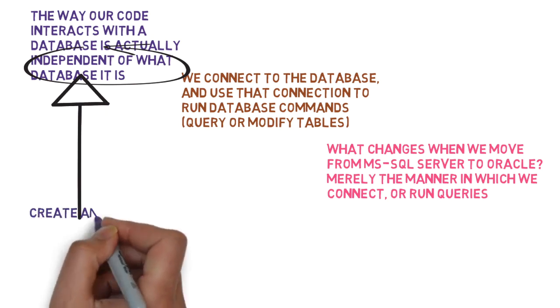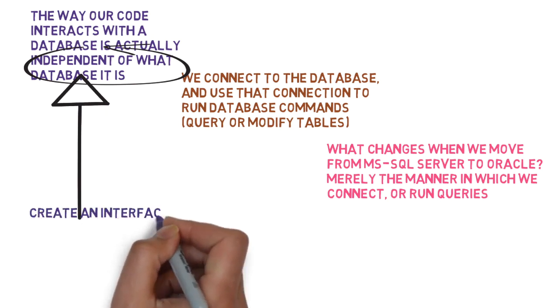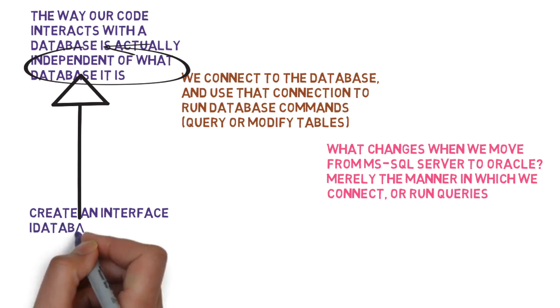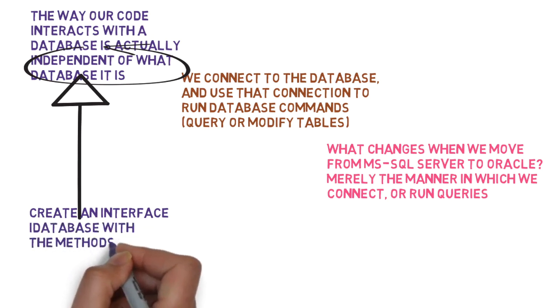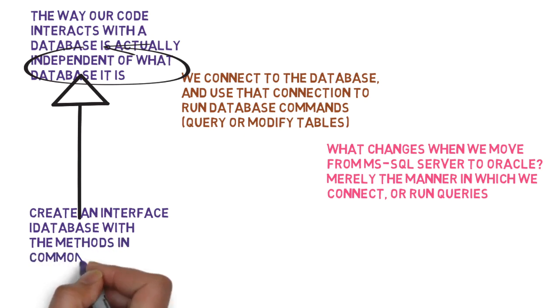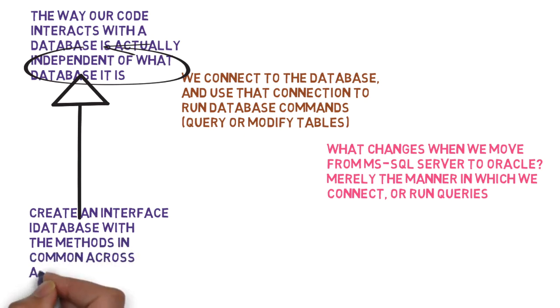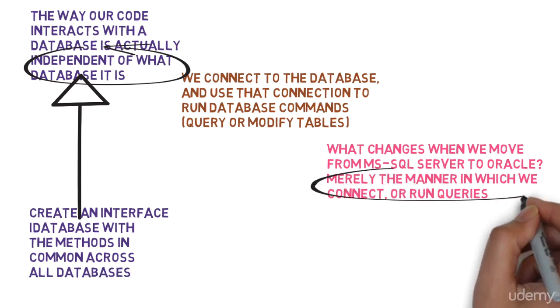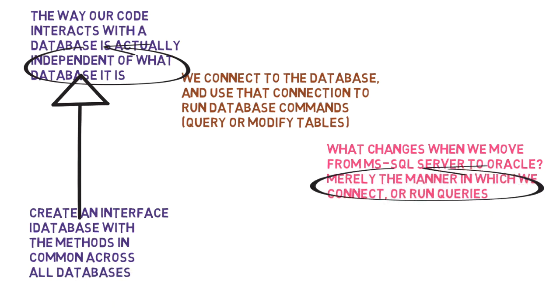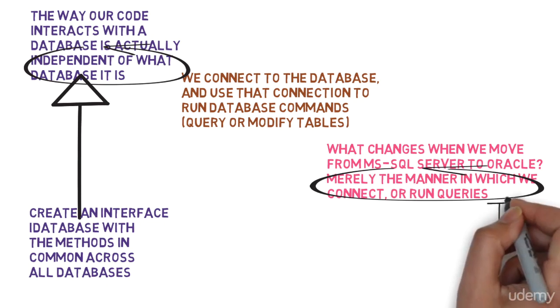What we can do is to create an interface. Let's call it iDatabase, which has all the methods which are common across all databases. So iDatabase will have all the methods that we run and which are common to all databases. Then we have to have a way which reflects the manner in which we connect and run queries.